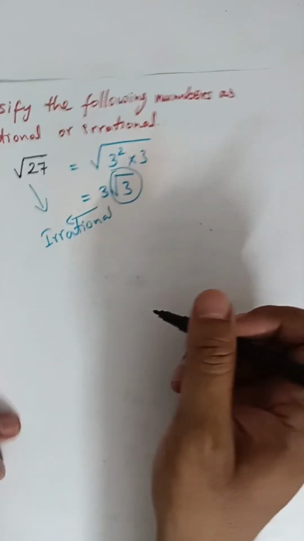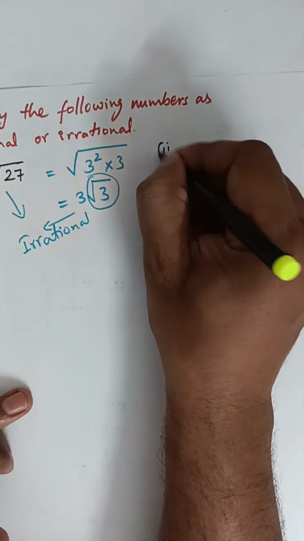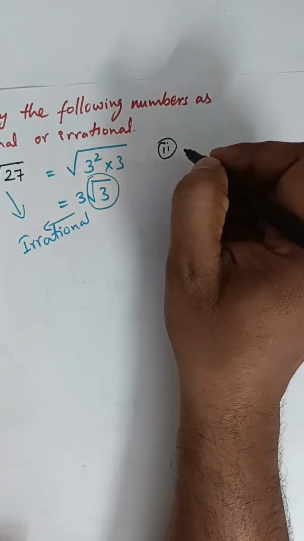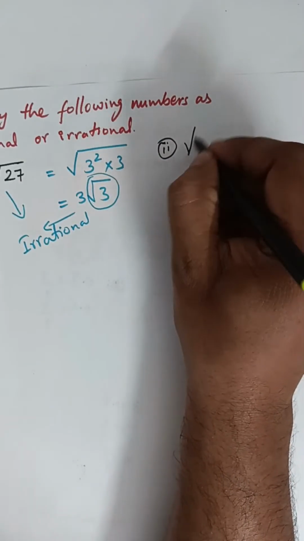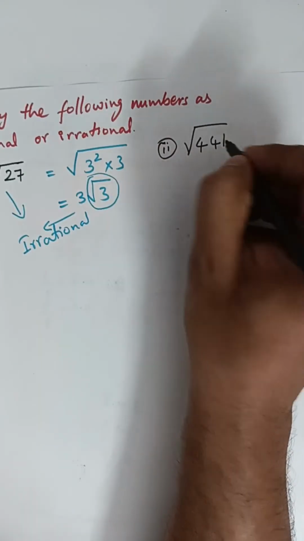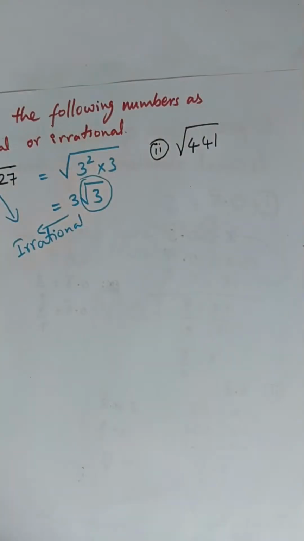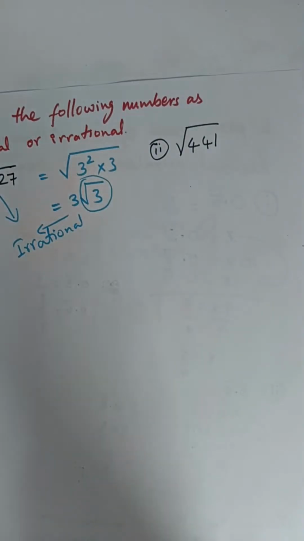Next question. Question number 2. Square root of 441. Let's try. Who will solve this? Is it rational or irrational? Whenever you are solving the root values, you should know the squares or the perfect square values, like 1 square, 2 square, 3 square, similarly 10 square, 11 square, 12 square, 13 square.